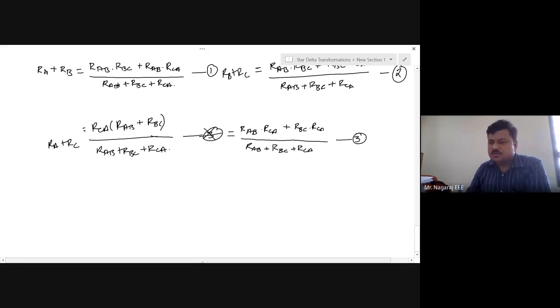Now I will take equation 1 minus equation 2. All these things are for my algebraic simplification.